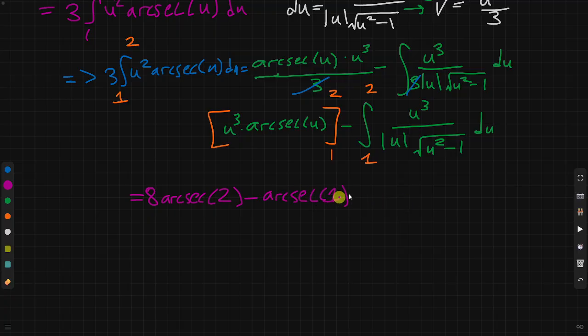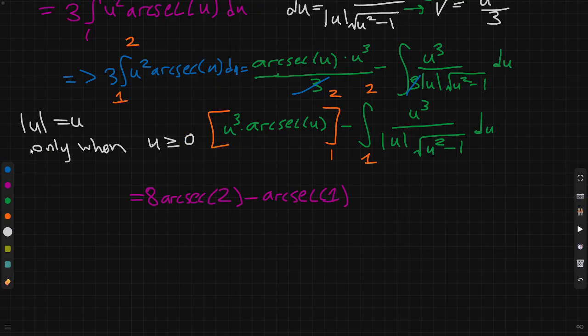All right. Now our main focus is this integral. Now we want to get rid of this absolute value of u because we don't know how to integrate this. But we can actually look at our bounds. We have the bounds of u equals 1 and u equals 2. And notice how absolute value of u is equal to u only when u is greater than or equal to 0.